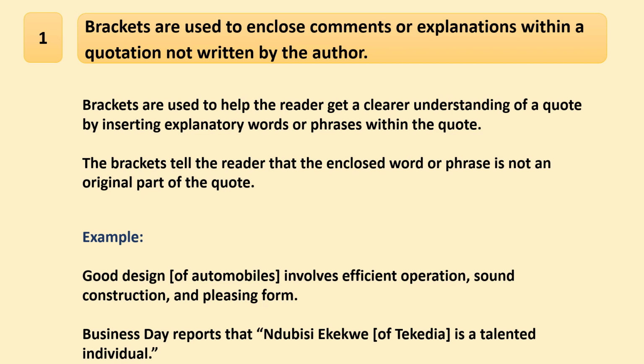This phrase is not an original part of the sentence. It was included to let us know that the author of the original sentence meant automobiles, that he was speaking of automobiles when he said good design involves efficient operation, sound construction, and pleasing forms.